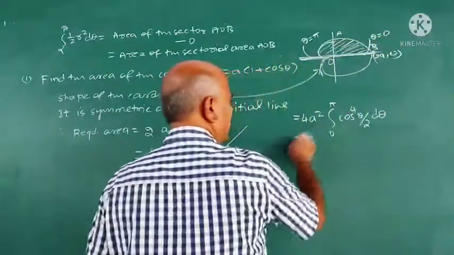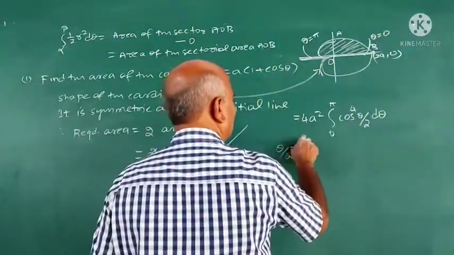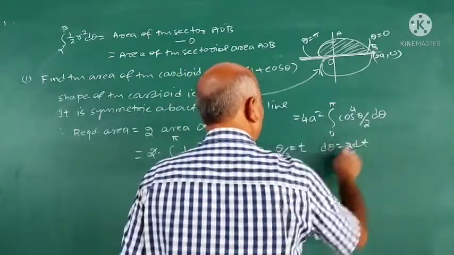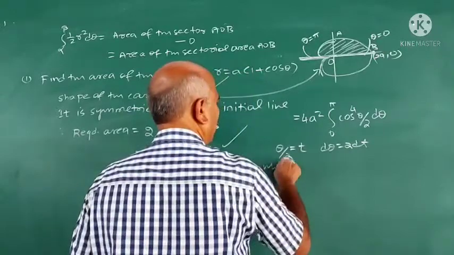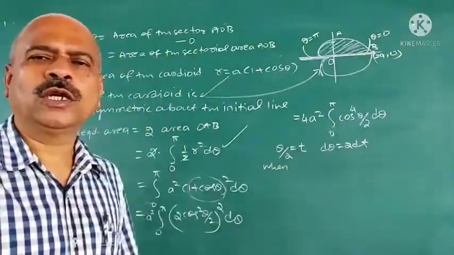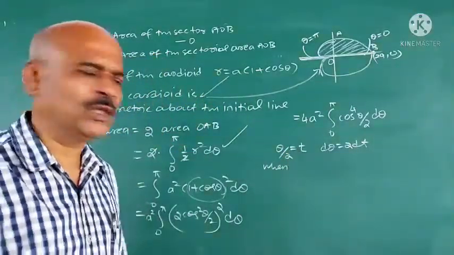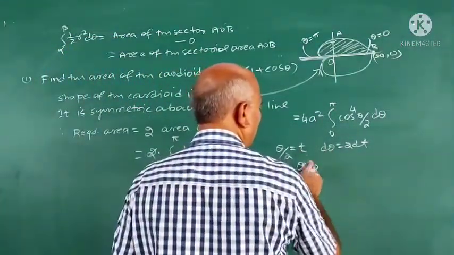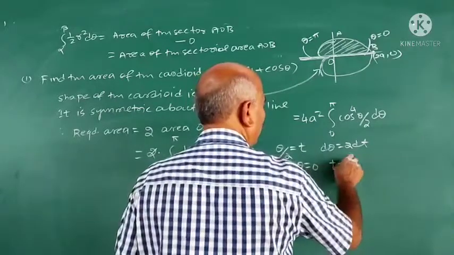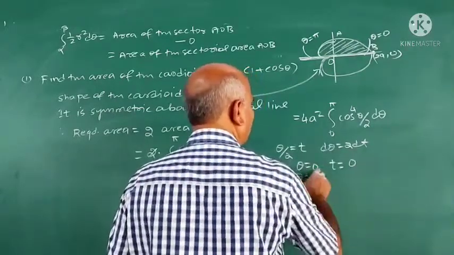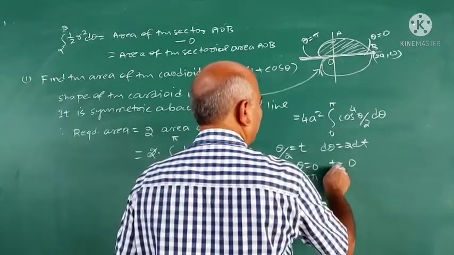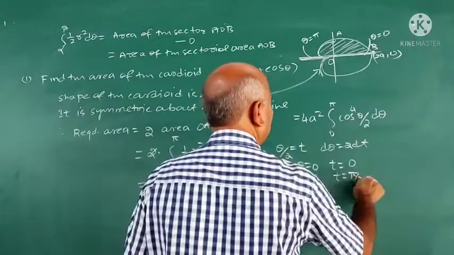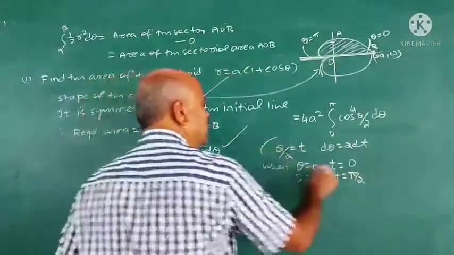Now we use the reduction formula here. Take θ/2 = t, therefore dθ = 2 dt. When substitution is used, the limits change, and you should be very careful about this. When θ = 0, the new lower limit is 0, and when θ = π, t = π/2.